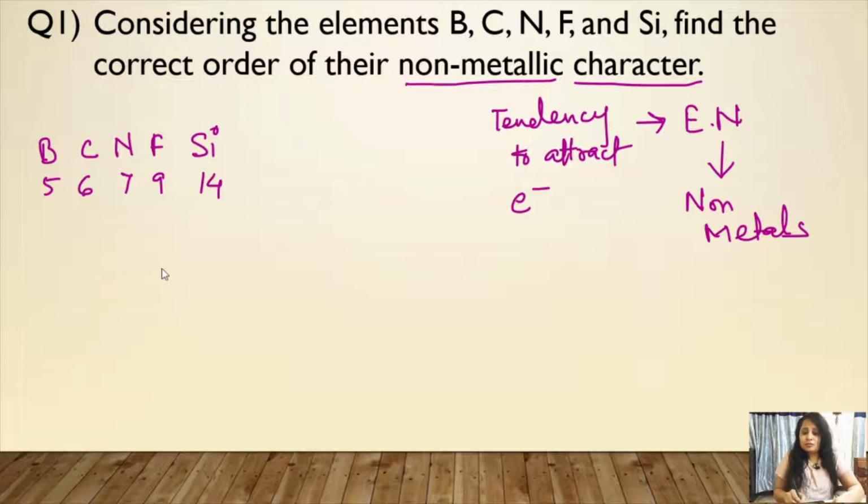So in the periodic table, what will be the trend? Boron, carbon, nitrogen, and silicon will come here below the carbon. So what is the general trend? They all belong to the same period.